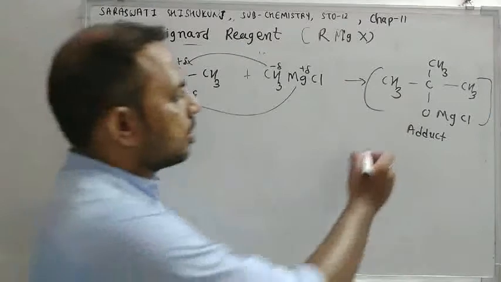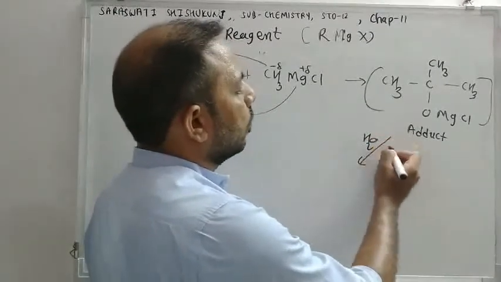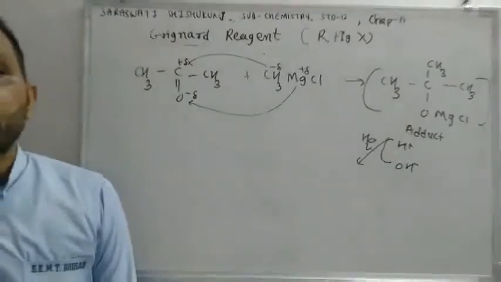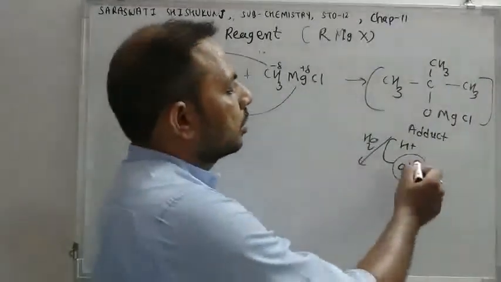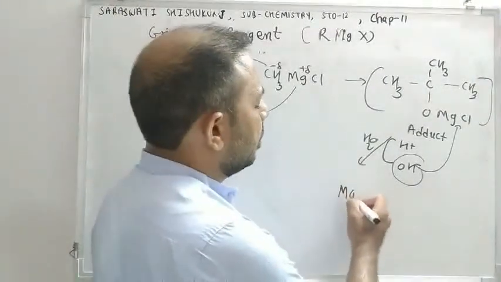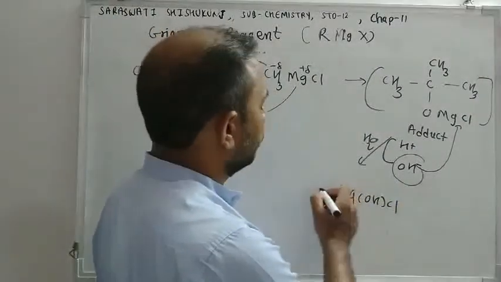The last step is hydrolysis. We write H2O in the form of H plus and OH minus. Now you already know that this OH minus will join with Mg, so MgOHCl is formed.